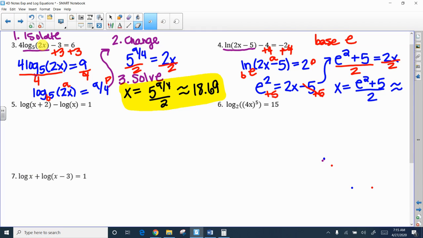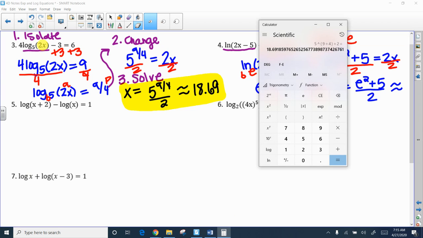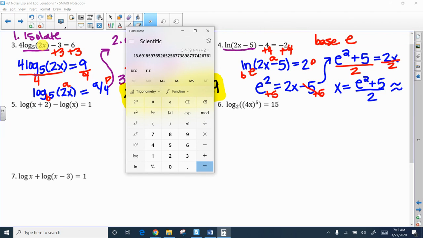We can approximate that as well. Now, you do have to be careful when we put this in the calculator, because the entire expression of e squared plus 5 needs to be divided by 2. So I'm going to use parentheses when I'm putting this in my calculator. Now, we do have an e button on a scientific calculator. So you do need a scientific calculator that has an e.